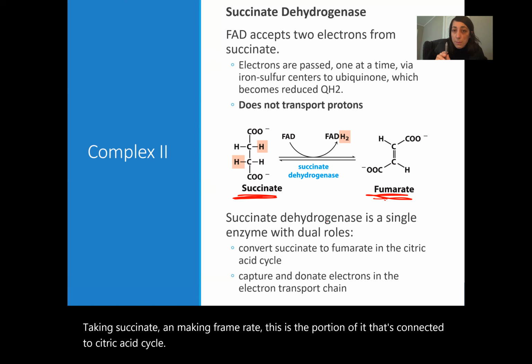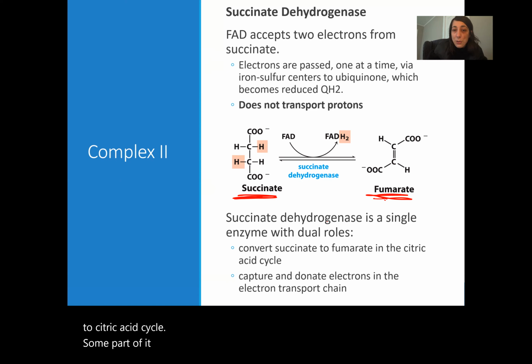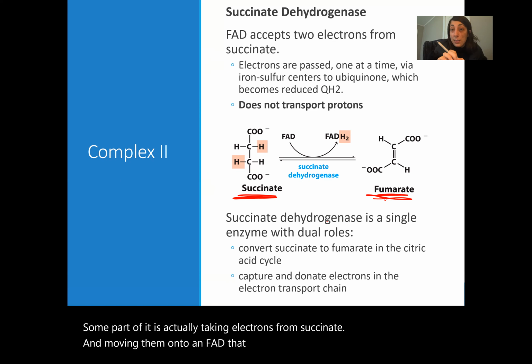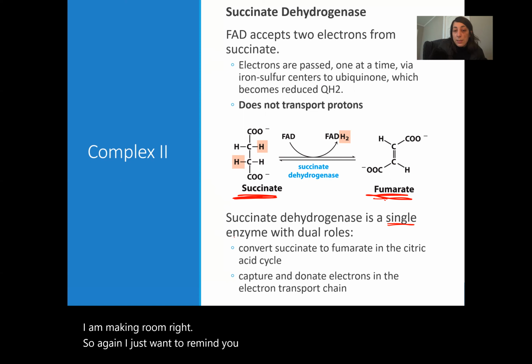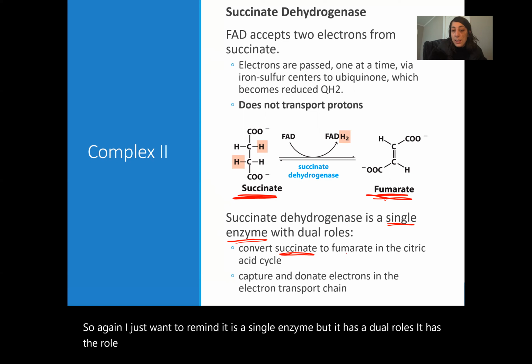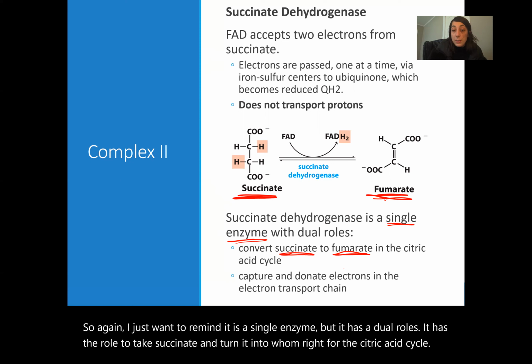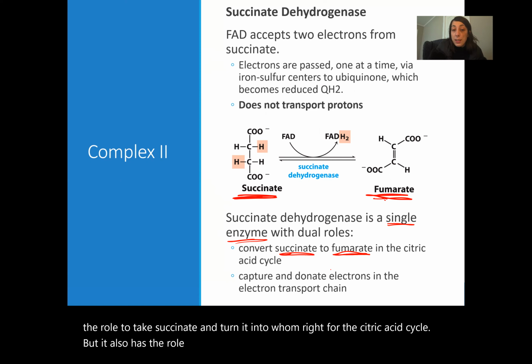So some part of it is actually taking electrons from succinate and moving them onto an FAD that is bound to the complex and making fumarate. So again, I just want to remind you, it is a single enzyme, but it has dual roles. It has the role to take succinate and turn it into fumarate for the citric acid cycle. But it also has the role of capturing and donating electrons in part of the electron transport chain.